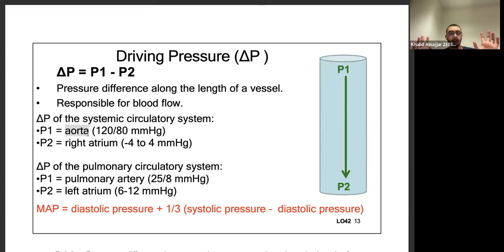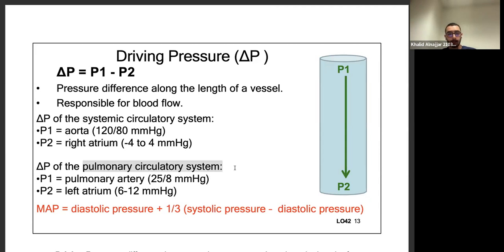That's the first point of the blood into the systemic circulation. What's the last point? Right atrium. Because blood goes through the whole body, and through the vena cava, ends up in the right atrium. So the right atrium is the final point of the blood. That's for systemic circulation.